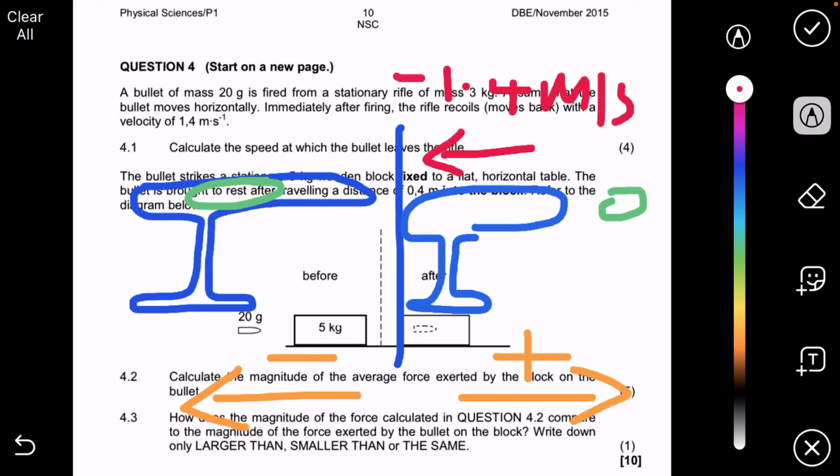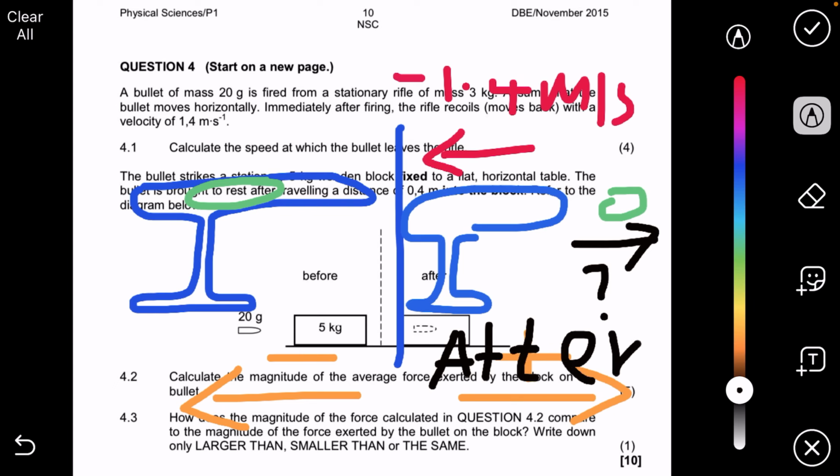So now, guys, a very good question may be asked. What is the velocity then of that bullet after firing? What is the velocity of that bullet as it leaves the rifle? Guys, this is the information after firing. And this is the information before firing.